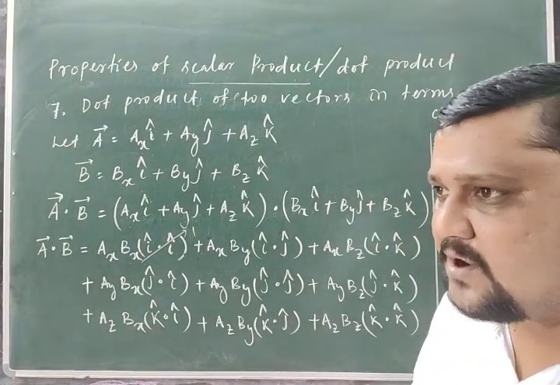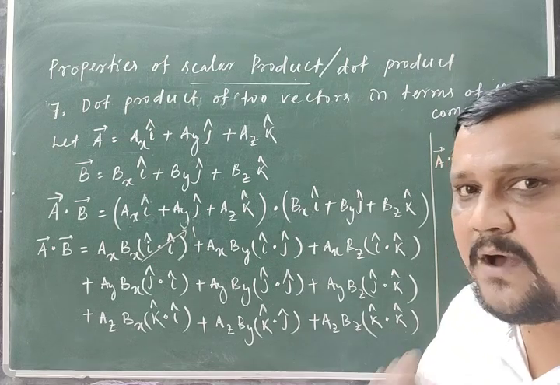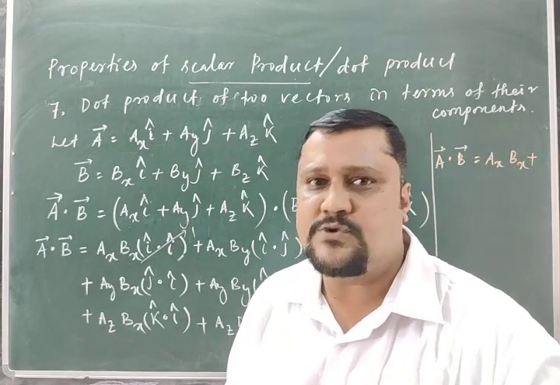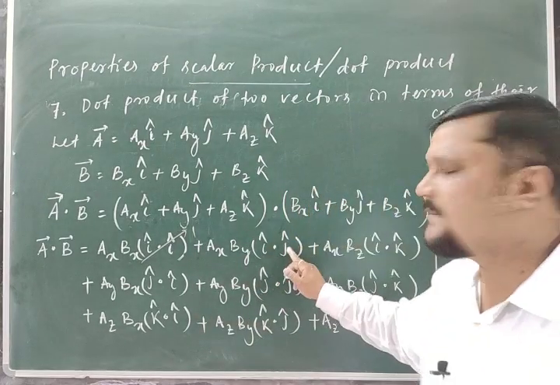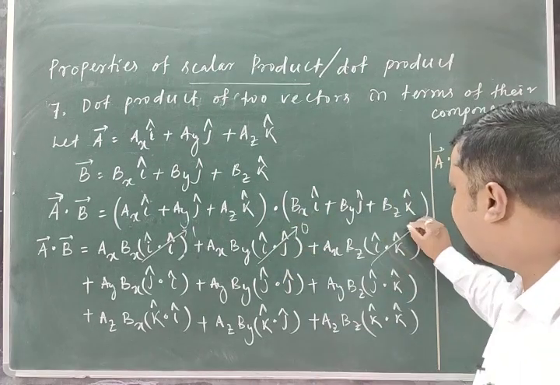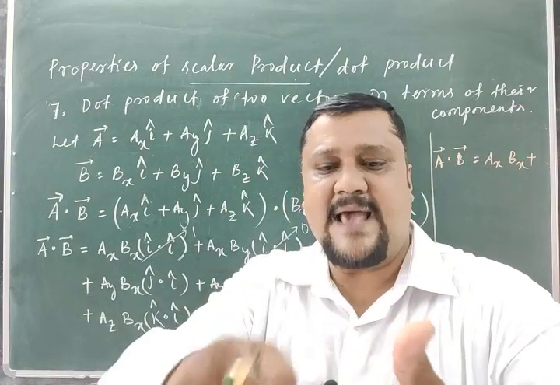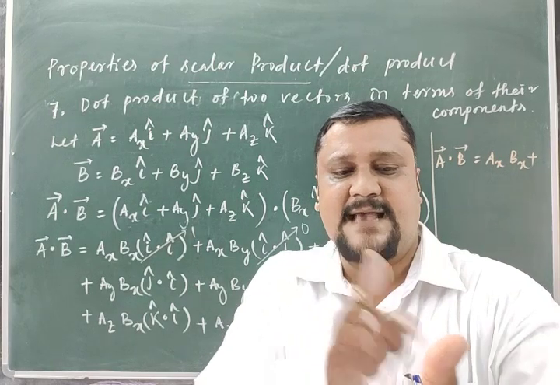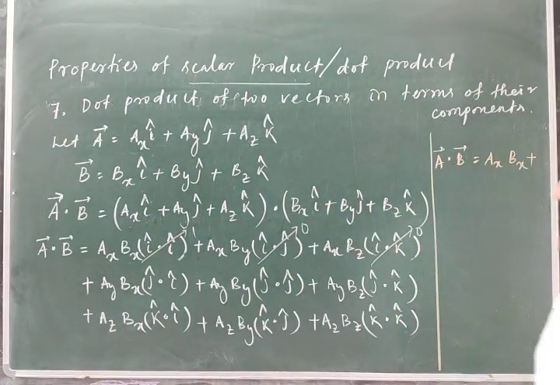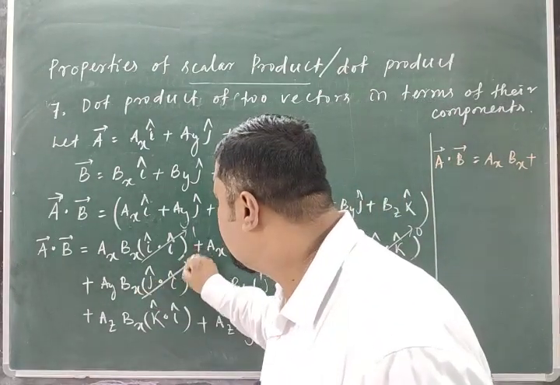Recall i cap dot j cap is the dot product of two rectangular unit vectors which are mutually perpendicular. i and j are perpendicular, theta is 90, so this is 0. i dot k is 0, i is also perpendicular to k. i is perpendicular to k, i is perpendicular to j, j is perpendicular to k, and j is perpendicular to i. So this is also 0. Then j dot i: if i dot j is 0, j dot i is also 0.